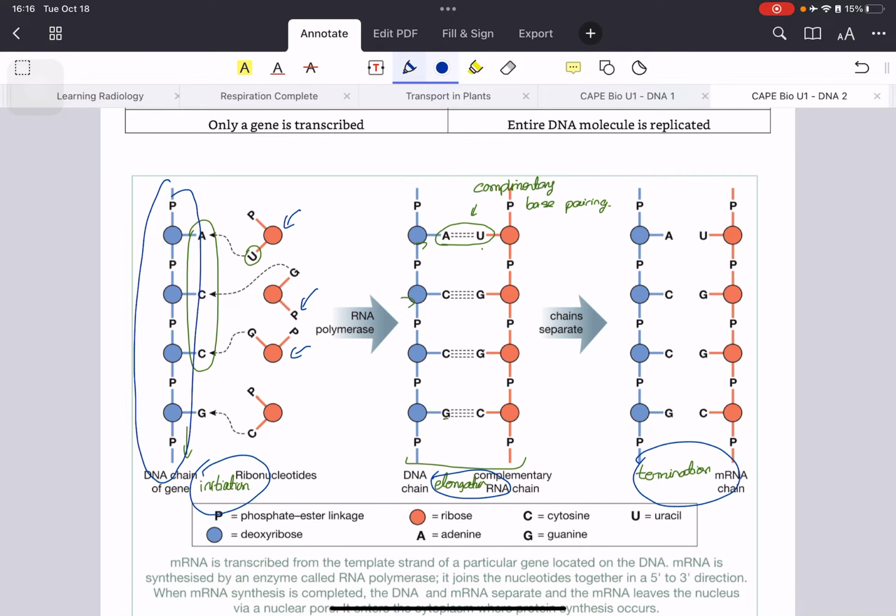And then in elongation, you have your complementary base pairing occurring: A to U, C to G, C to G, G to C, those kinds of things, right? And then finally, termination will occur. The mRNA chain would have formed, and the DNA would wind back up into its helical form. Okay, very easy.